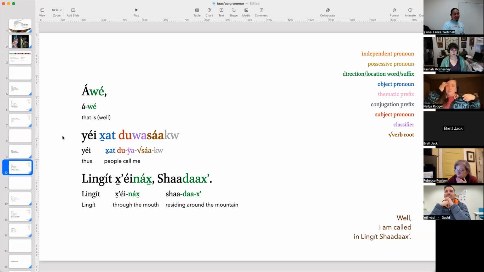If it's not immediate, if that name is anywhere else, it'll be ye. And we see it at the end of the sentence. So he could also say aweh shadang yuchat du asaq shengit chinach. But he wanted to say aweh yechat du asaq shengit chinach shadang.